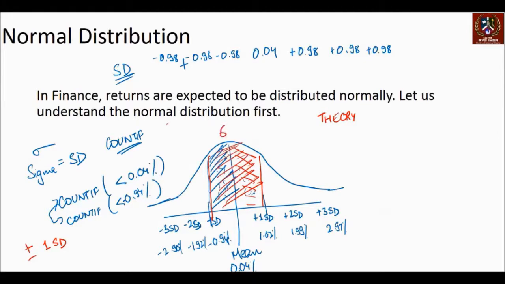It is said that roughly 68% of your total observations will lie here, right? Roughly 68% of your total observations lie here. If you look at 2 standard deviations, obviously the entire 68% will be inside this. It says roughly 95% of the observations lie between plus minus 2 standard deviations, right?